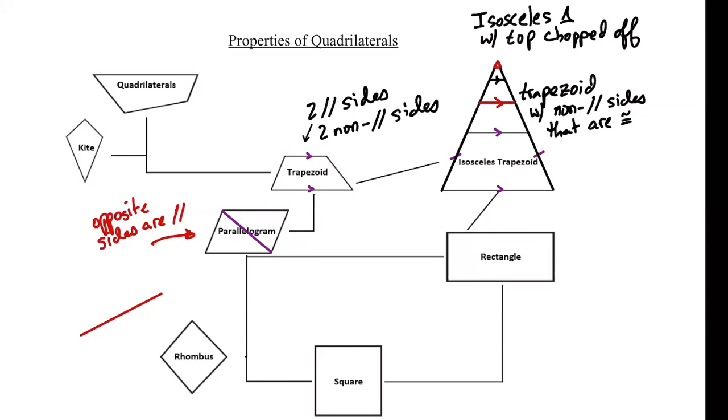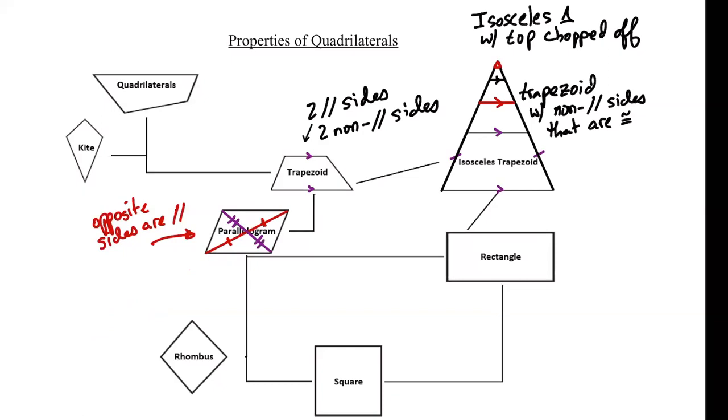Now, if I draw both of those diagonals, they will cut each other in half. They'll bisect each other. So these are going to bisect each other. These two line segments will be congruent. These two line segments will be congruent.